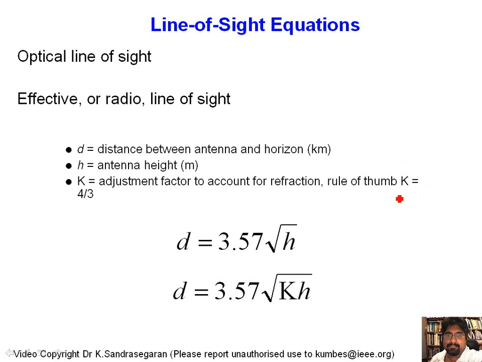So each operator might use different values of K depending on the geographic location, but a usual figure is K equals 4/3.